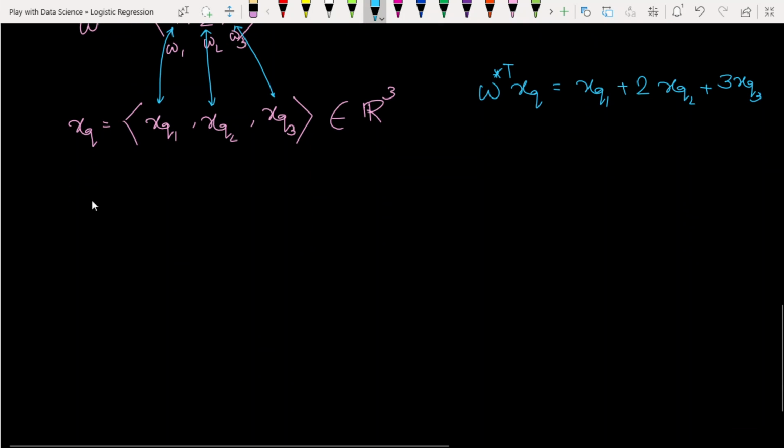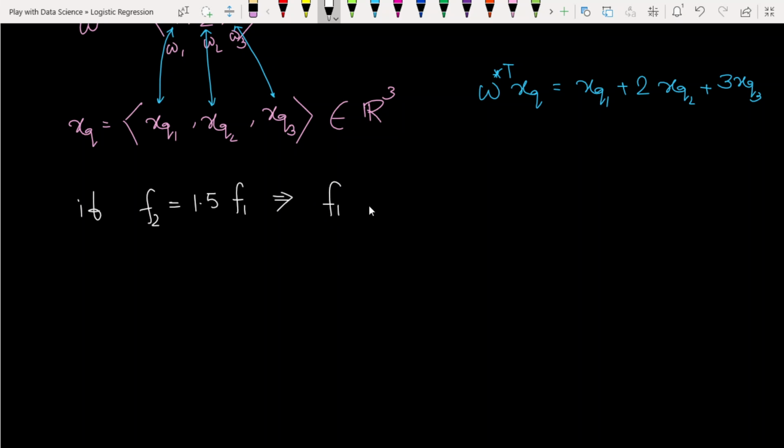Now let's see why the absolute value of our weight vector is not important. Let's take f2 as collinear with f1, meaning f2 is represented by 1.5 times f1. So f1 and f2 are collinear with each other.